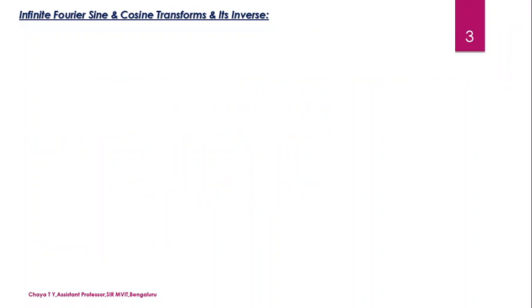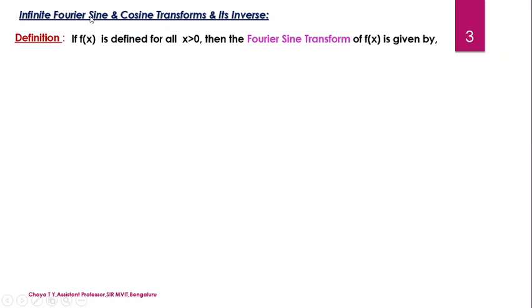Okay guys. So now first let us consider the definition of the required transforms. First we are going to write the definition of an infinite Fourier sine transform. To define an infinite Fourier sine transformation, I need to have a real valued function f of x, which is defined for all positive values of x.